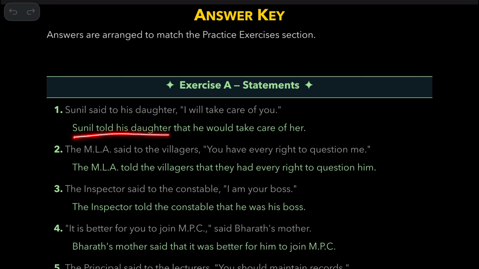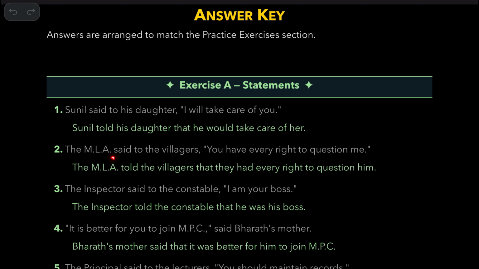Sunil told his daughter that he would take care of her. So said to changes to told, the comma is dropped, the quotation marks are also dropped, and the word that is used. Then the pronoun changes I to he, then will changes to would. Again, this pronoun also changes to her.